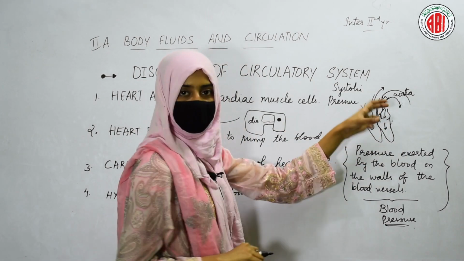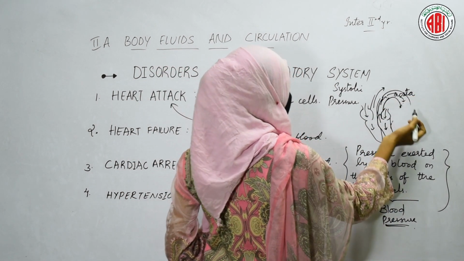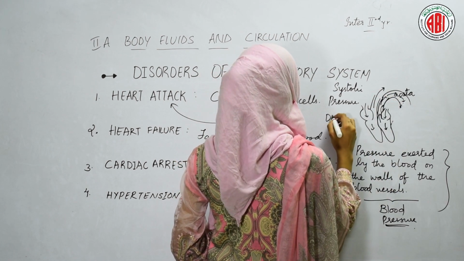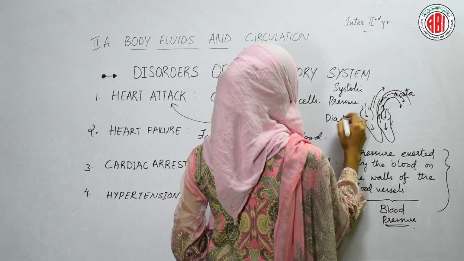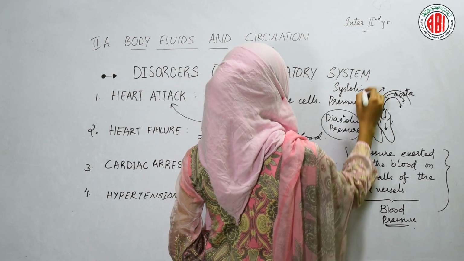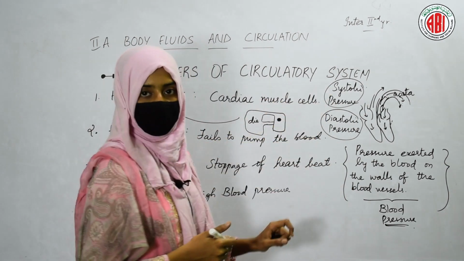After the contraction, it gets relaxed. At that time, the pressure shown by the blood when it enters into the aorta is called diastolic pressure. So based on the contraction and relaxation of the ventricle, the blood shows two types of pressures, systolic pressure and diastolic pressure.